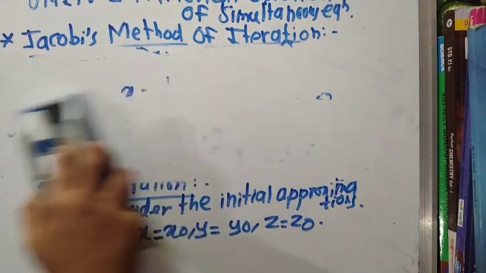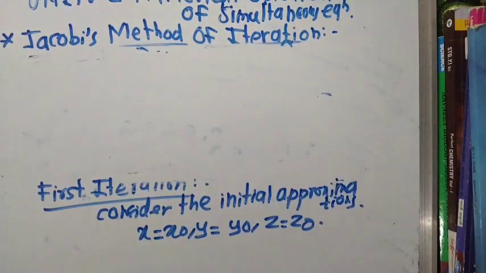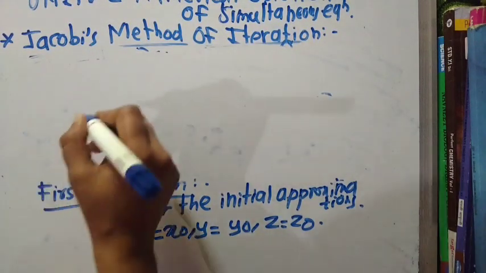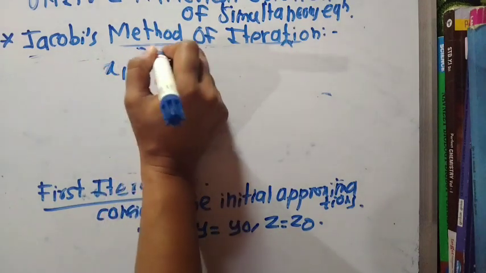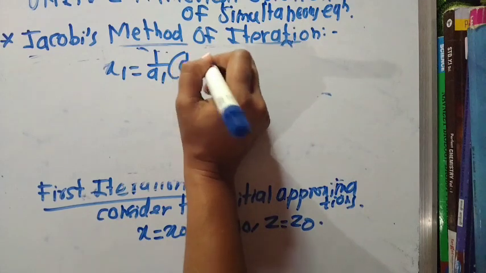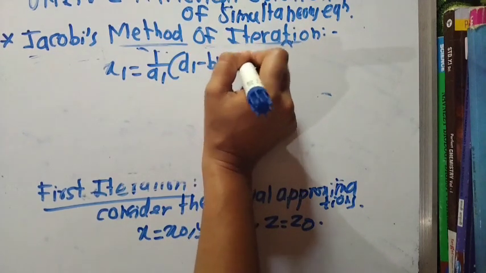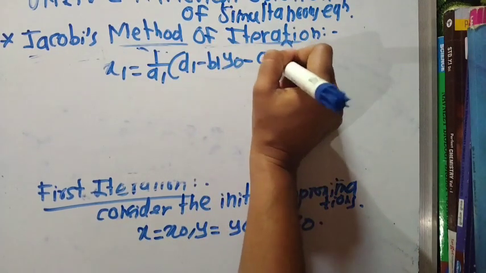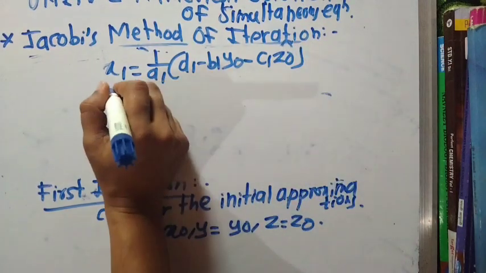So for the first iteration, x1 is equal to 1 divided by a1 (d1 minus b1y0 minus c1z0).